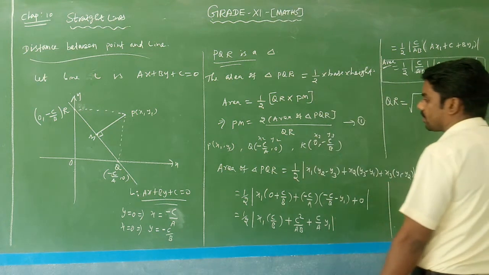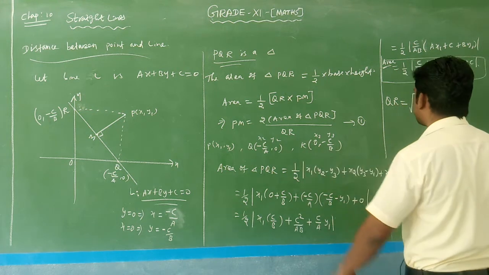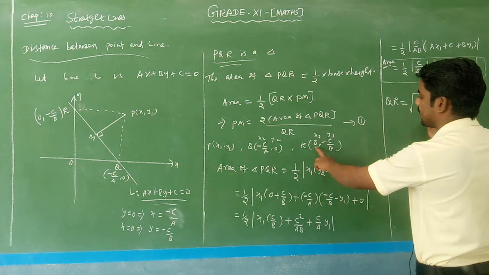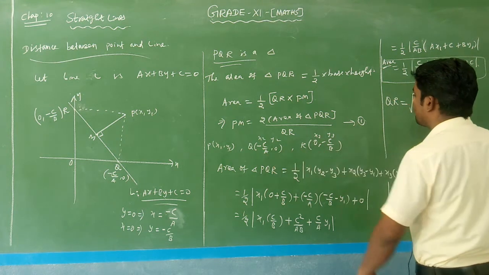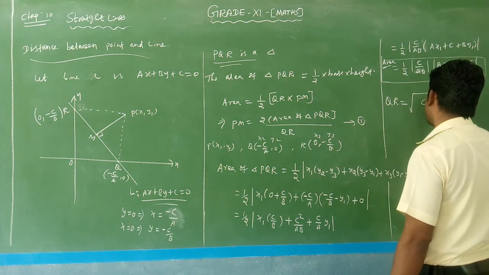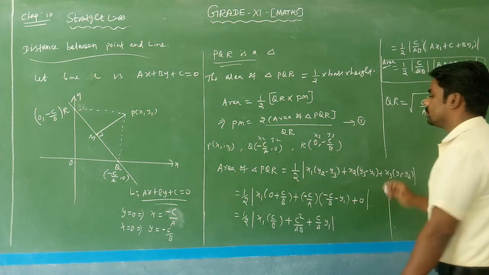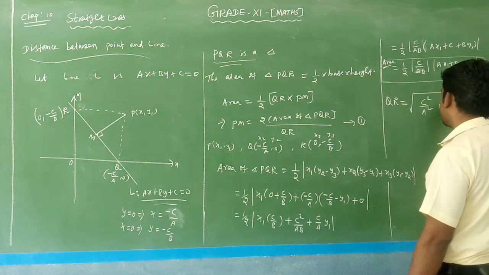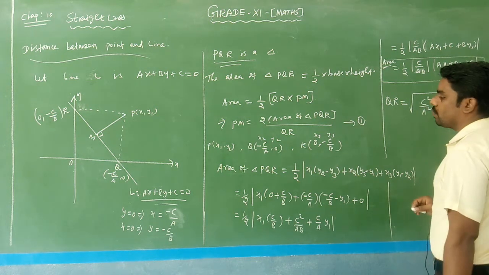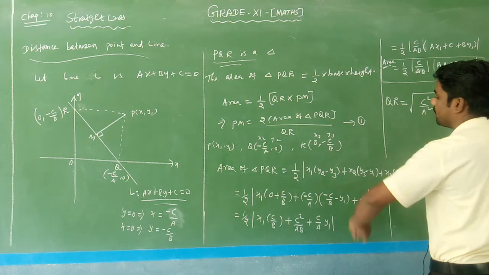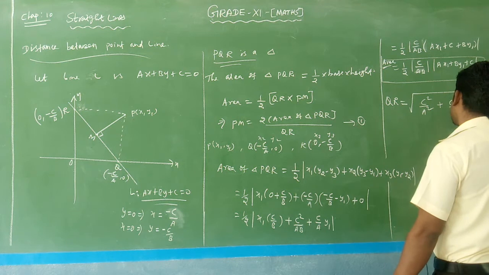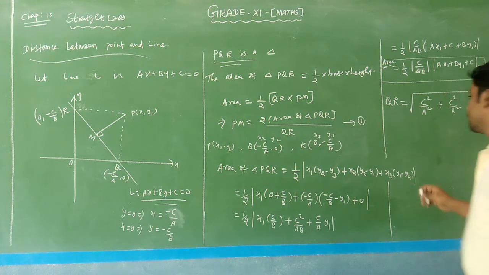Here Q and R: x2 minus x1, this is x2, this is x1. So 0 minus (minus c by a) whole square is c square by a square. 0 minus of minus is plus. So plus c by a whole square is c square by a square, plus y2 minus y1. Here y2 is minus c by b minus 0. Minus c by b the whole square is c square by b square.